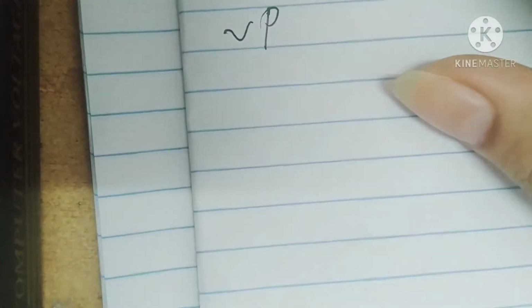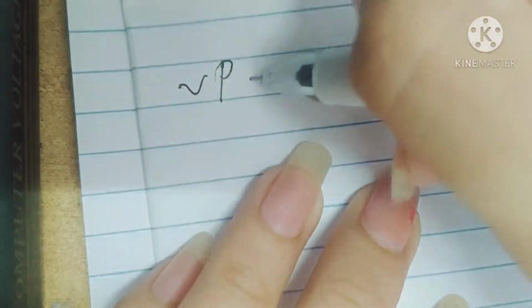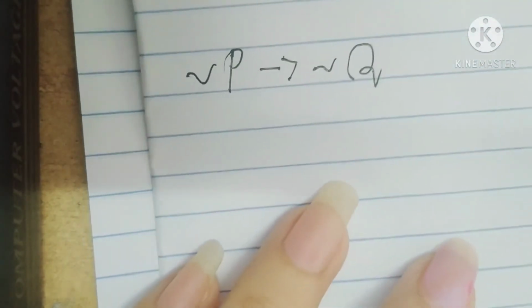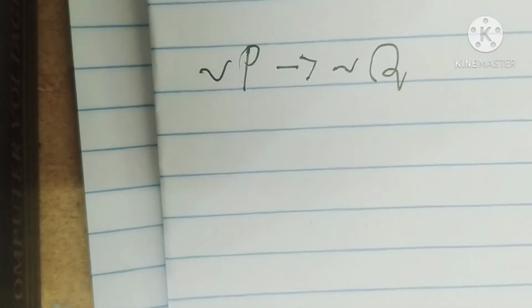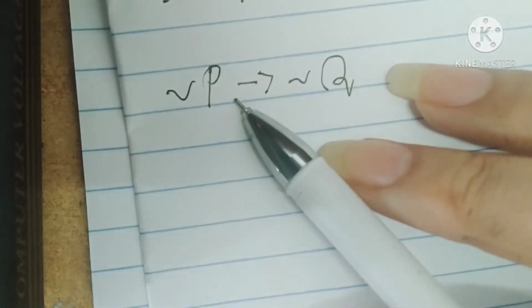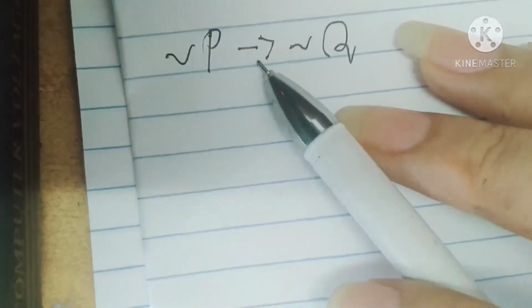So let's try a combination of a negation and an implication proposition. Let's have the negation of P, then the negation of Q. For example, you have still the same statements: P is "the water is cold," and Q is "Miguel drank the water." So the English statement is: if the water is not cold, then Miguel did not drink it.